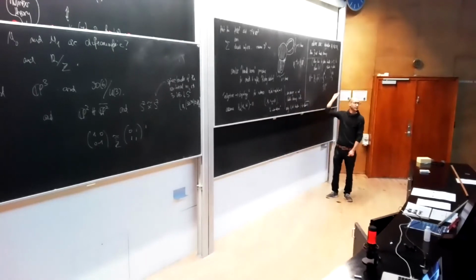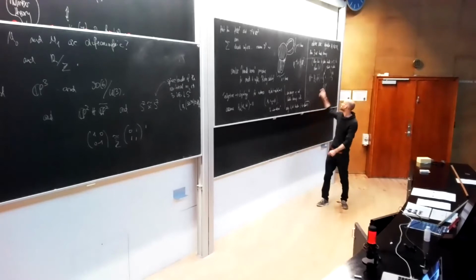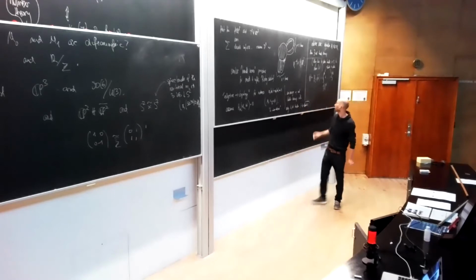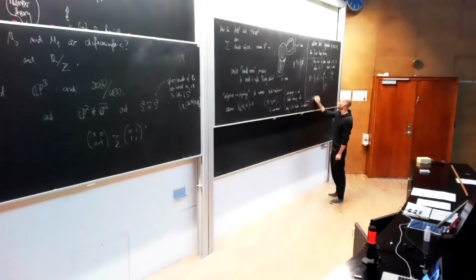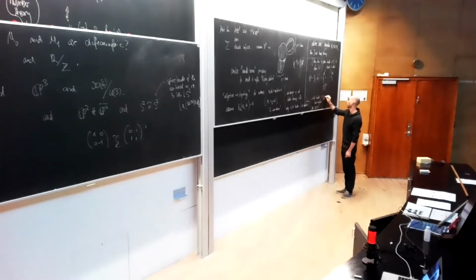Now, from here we can play the game back again and try to use this handle decomposition to calculate the relative homology. So, the relative handle chain complex will look like, we have a couple of zeros.